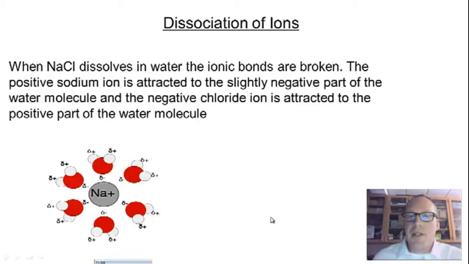They can't find one another as long as there are enough water molecules shrouding them, making what are called hydration shells around these ions, so that they can't bond in an ionic crystal any longer. I have a little movie here that depicts the sodium and the chloride ion dissociation.